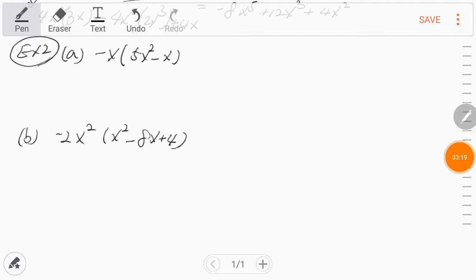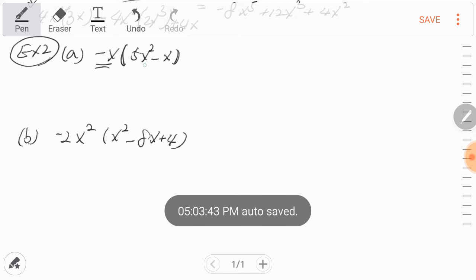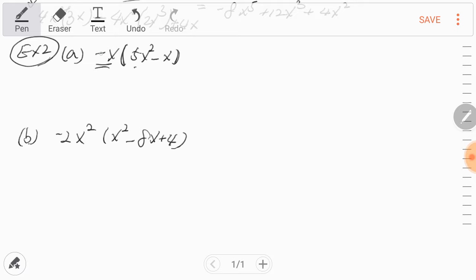In this example, we will multiply the parentheses by a negative number. So we multiply each term inside the parentheses by negative x. So distribute. This is equal to negative x times the first term in the parentheses, 5x squared.